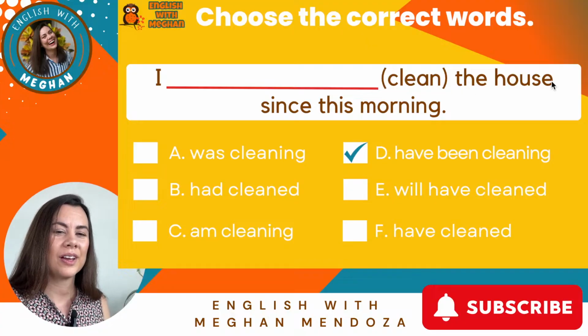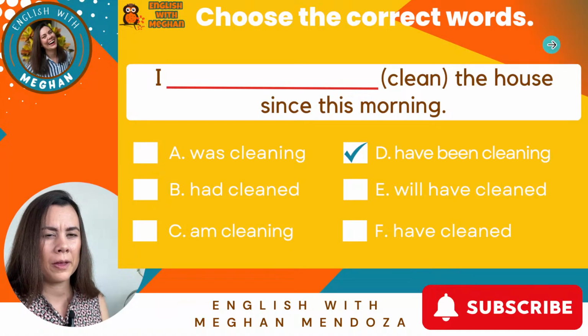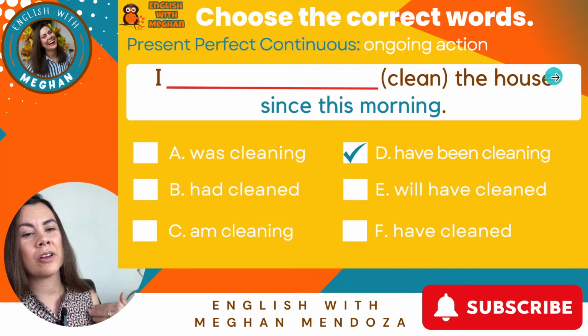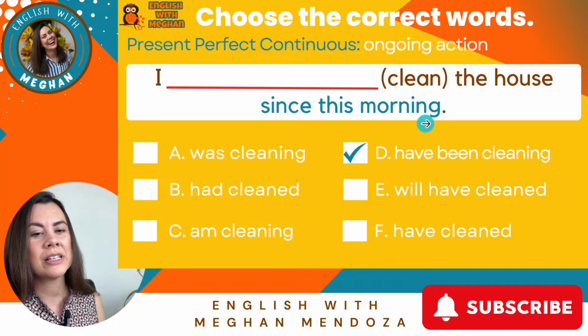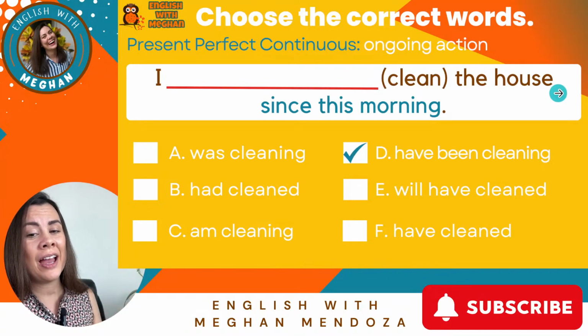Okay, our time words are since this morning. So yeah, that's the important part here. The present perfect continuous talks about an ongoing action, right? Since this morning. You're right. Yes, good job in the chat, guys. You're getting it. Since this morning is our time. Started in the past, it's continuing now.